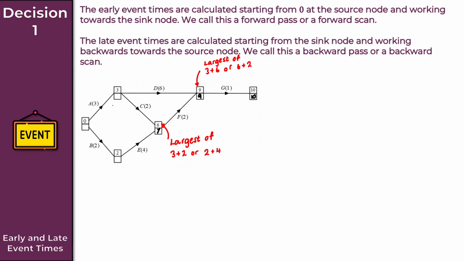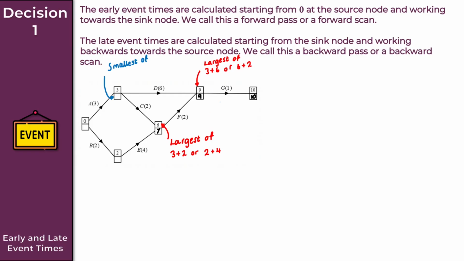Now, this late event time here is a little bit more interesting because I've got a choice of 2 here. So I want the smallest then. And again, let me just do this in a different color. Let's just do it in dark blue here, okay? So I want the smallest here. So the smallest of, I've got a choice here.